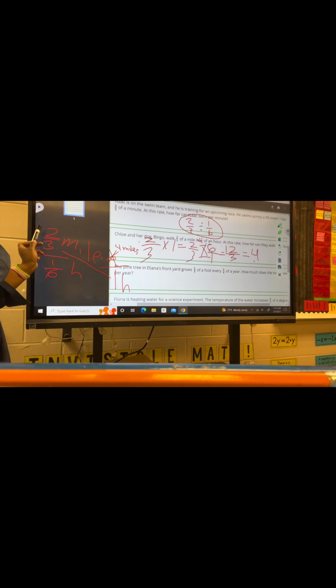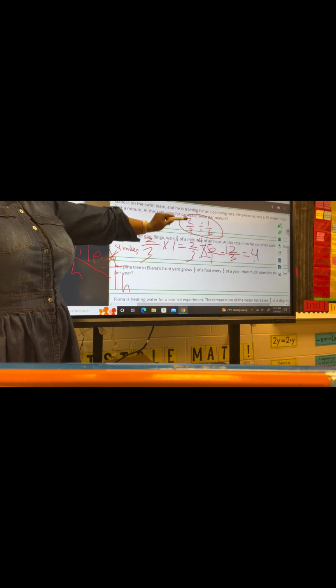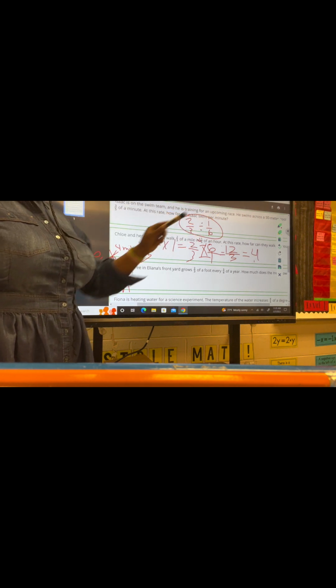Once we did this, what's the next thing we do? Divide by what? Now we multiplied 2/3 times 1. So now that we did that, we divide by 1/6. So this is 2/3 divided by 1/6. You see that?